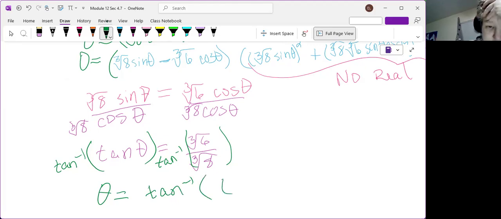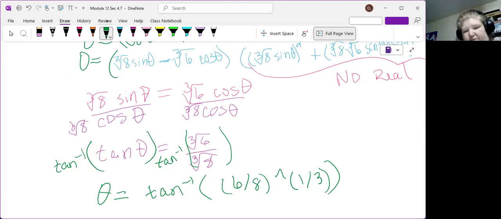Open another set of parentheses. We're going to do the 6/8 raised to the 1/3 power. So that's where I merged the quotient into the radical of the fraction. I'm not going to bother reducing it because whatever you guys get on your test isn't going to reduce more than likely. And it doesn't matter that the cube root of 8 is 2. Now I've got it all inside the cube root, so whatever.